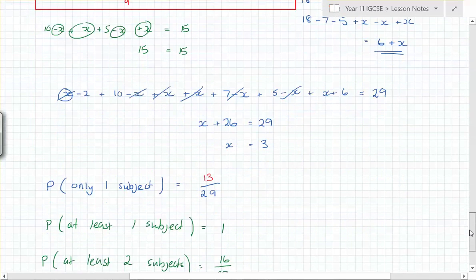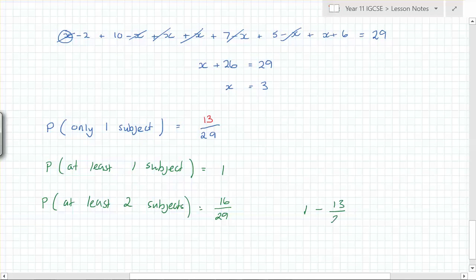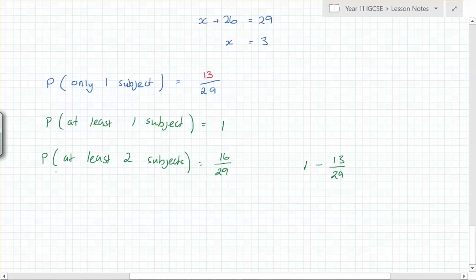There is another way to do it, which is Ivan? One subject. Exactly. If at least two, the only one that's not at least two is only one. Okay, so that was the other method to do it. Right, so 1 minus 13 out of 29. Right. Just remember, then it's also got things like what is the probability of exactly one subject is only the same thing as only, or if I said exactly two subjects.